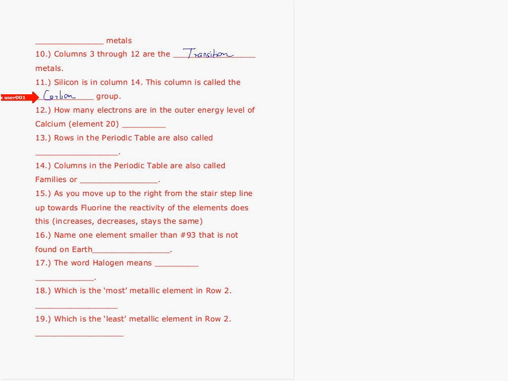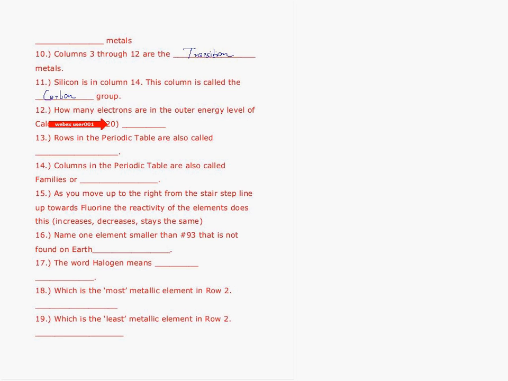Okay, so let us go to our next question. How many electrons are there in the outer energy level of calcium? Would you see the periodic table?